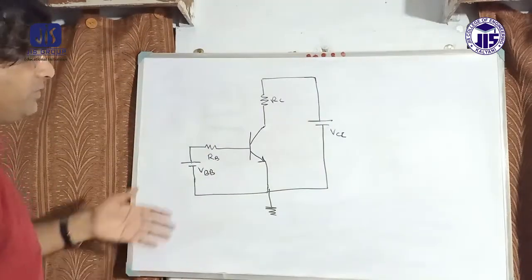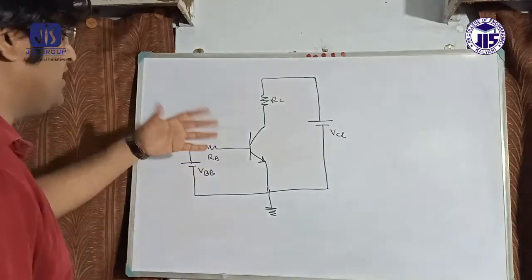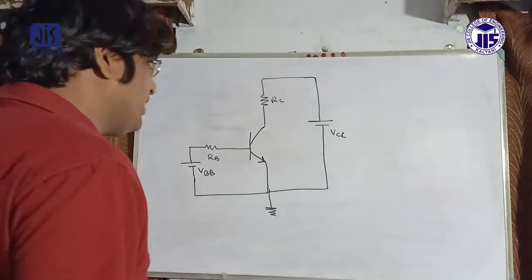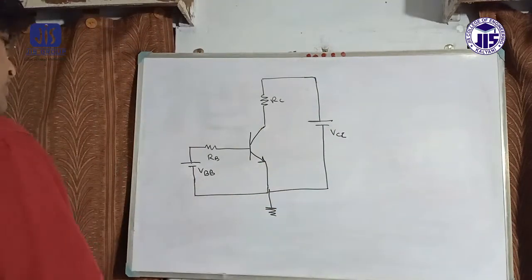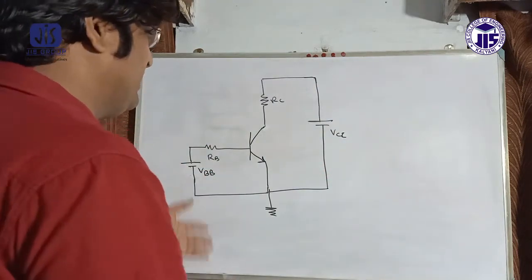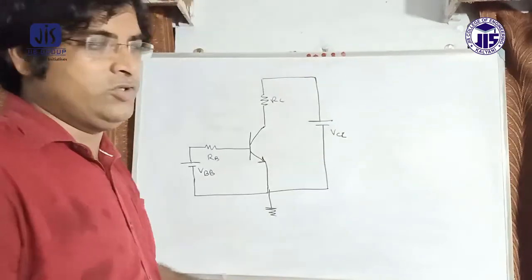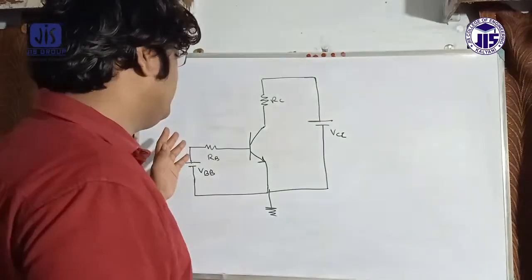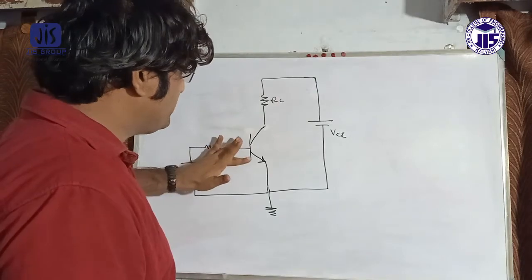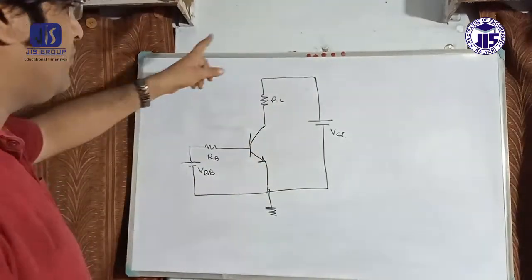Now this is the common emitter configuration, and we know this is the output side and this is the input side. We know the input characteristics, the output characteristics, and everything about this circuit from the previous module of the video. Now I have one question to all of you: how can we utilize this circuit for amplification?